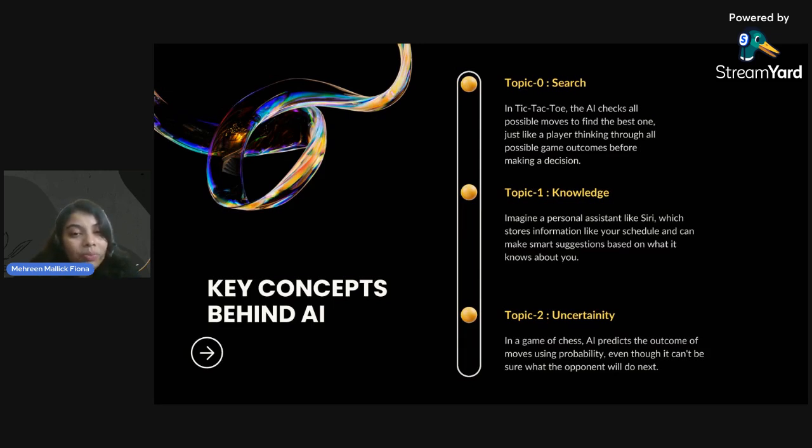Then moving on to the second one, after completing the first topic, which is search, we'll know how we are seeing assistants, personal assistants like Siri, which store information like your schedule or give you smart suggestions. How are they doing it, how are they learning it and making decisions or utilizing this knowledge? We're gonna know about that.